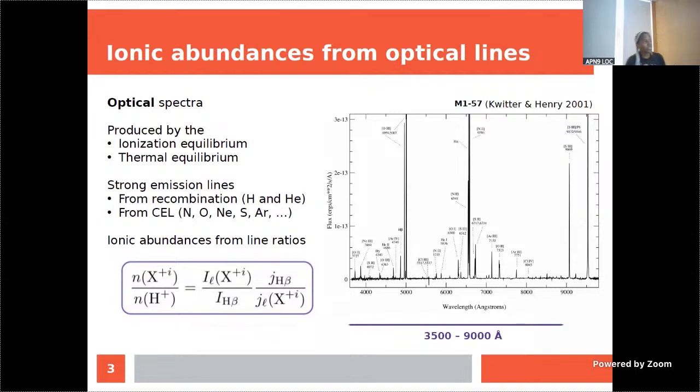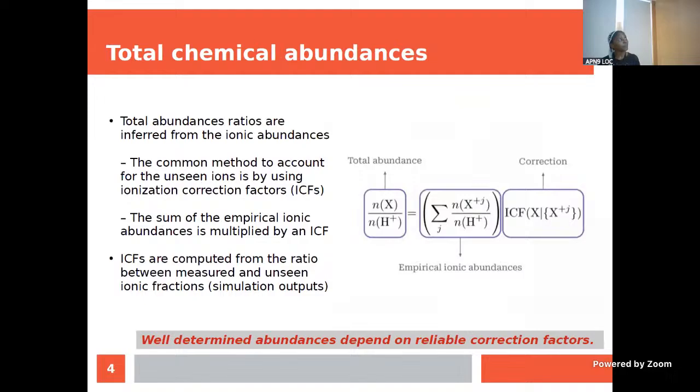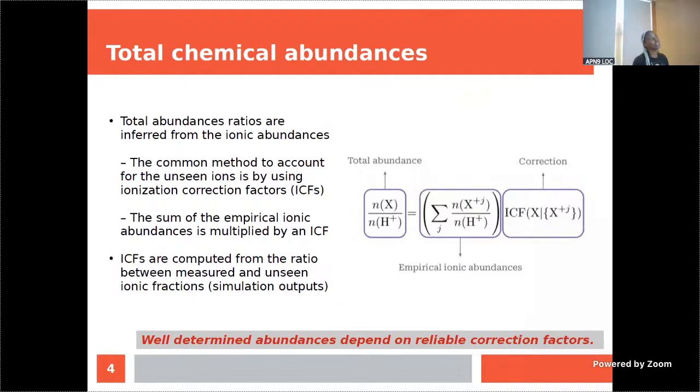Another important thing is that whatever I talk about here will be about the optical spectra of planetary nebulae, so from this range you see here. Then, of course, if that is the ionic abundance, to get the total one, we need either to observe all the different fractions in the optical spectrum or find a way of correcting for those we don't see.